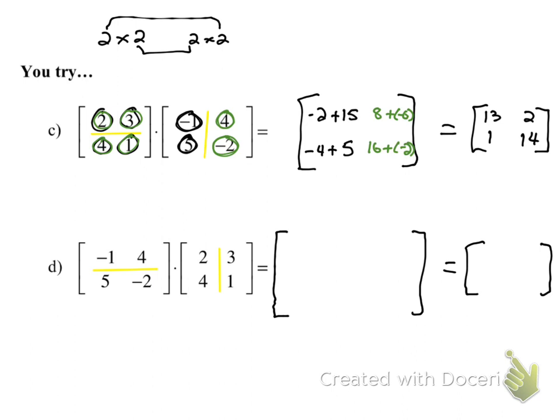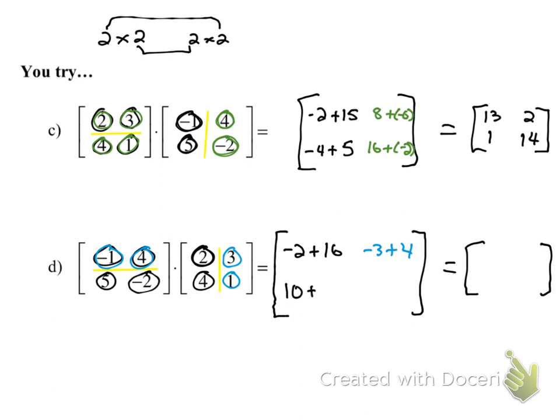So we'll have -1 times 2 is -2, plus 4 times 4 is 16. -1 times 3 is -3, plus 4 times 1 is 4. 5 times 2 is 10, plus -2 times 4 is -8.